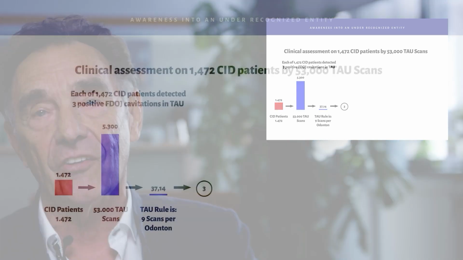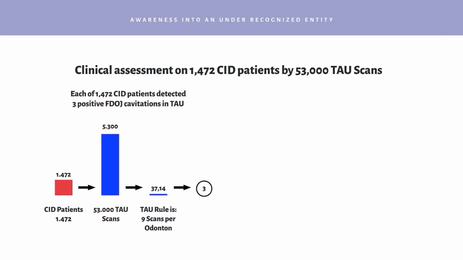And this gives us the idea to check these 1,472 CID patients with our TAU, with our ultrasonography, for these FDOJ cavitations. And this is what we did with this TAU device in our clinic up to now. We checked these 1,472 patients with more than 53,000 TAU scans for jawbone cavitations.